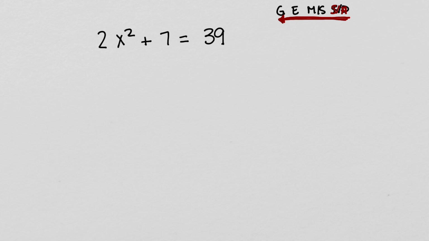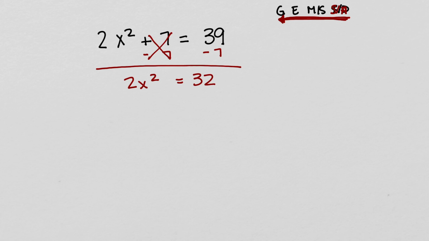Well, here I notice that I've got a plus 7. So I can subtract 7 from both sides. What I do to one side, I have to do to the other. Well, those 7s go away, and it leaves me with 2x squared equals 32.